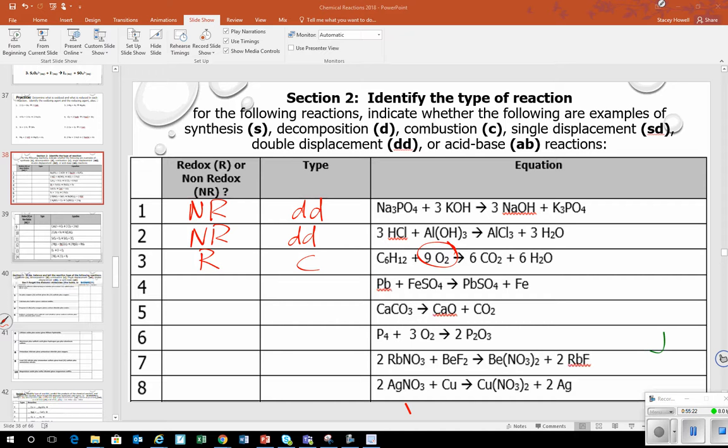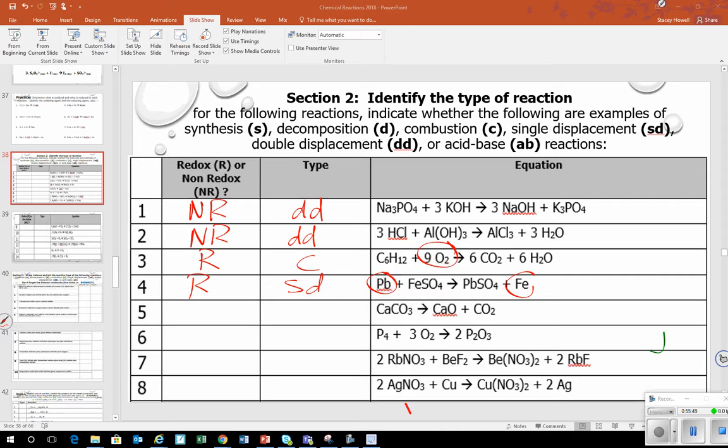Okay, next one. Lead plus iron(II) sulfate yields lead(II) sulfate plus iron. It is single displacement. You'll hear them sometimes called single replacement, and single or double replacement. Same thing. Redox or not? Redox because you've got two elements by themselves.